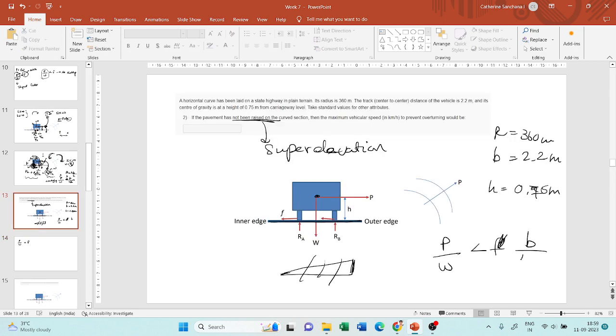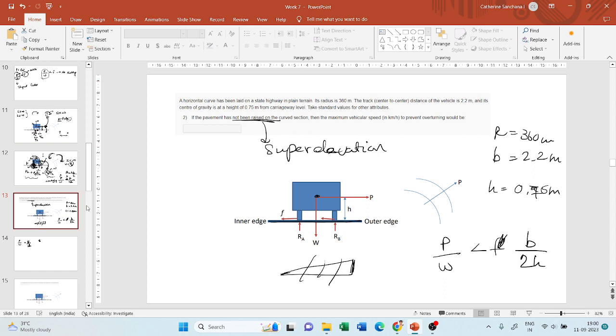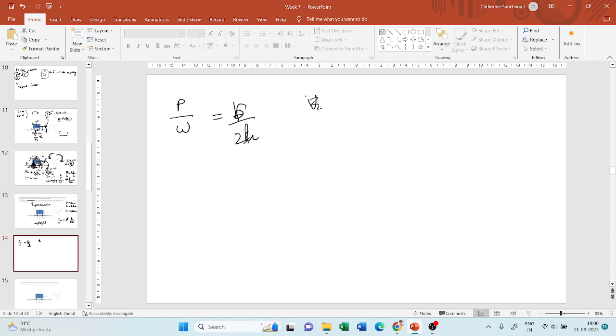B by 2H, this is for overturning, right? Now you have to find out the maximum vehicle speed with which the vehicle can travel to avoid overturning.